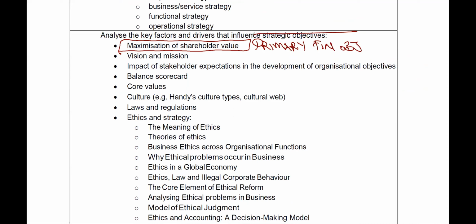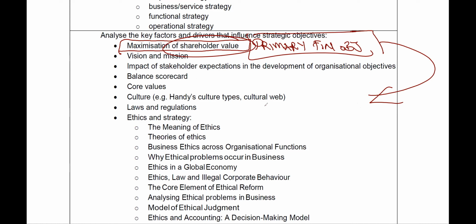We say this because the person who established his business didn't create it just to make profit, but to increase his wealth or his value. So this is the main primary objective. Now, this has a financial implication. Anybody who decides to maximize shareholder value, first of all, what is shareholder value? Shareholders get value from two things.